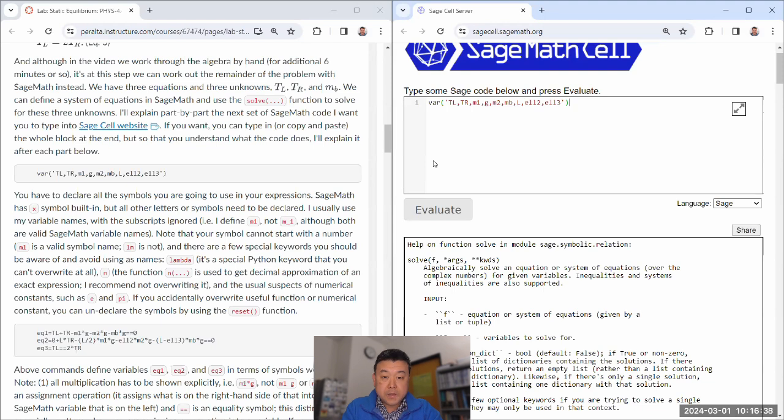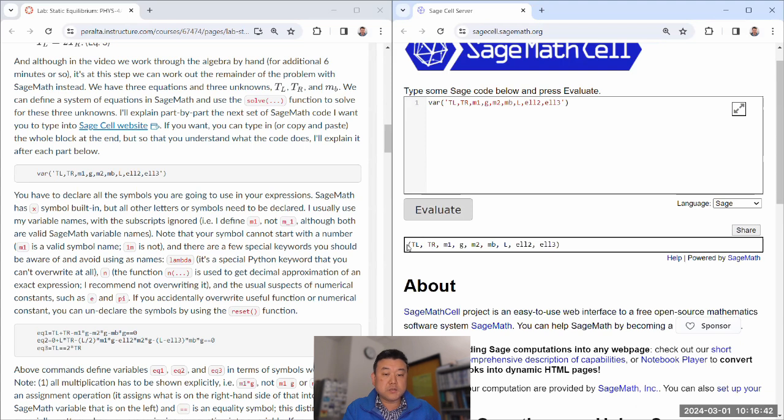If you just run this one line, SageMath will declare these variable names as symbols that might potentially get used in an equation context. And for the example of the solve command you saw before, you see it assign all these into Python or SageMath variables.